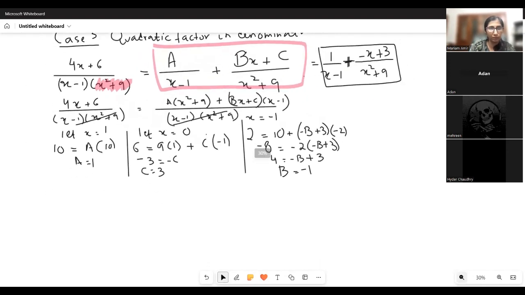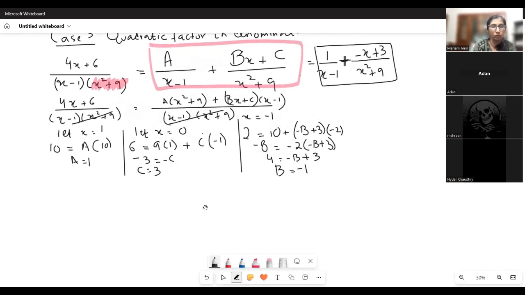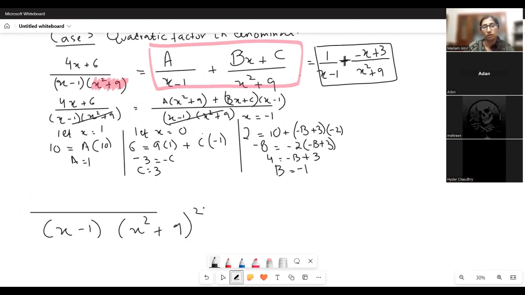By the way, let's also quickly discuss this. What if we had x minus 1 and then x squared plus 9, and then a square on it? So now there are two cases being merged. There's a quadratic factor in the denominator and it's a repeated quadratic factor.